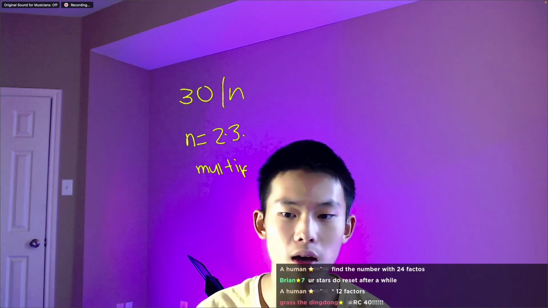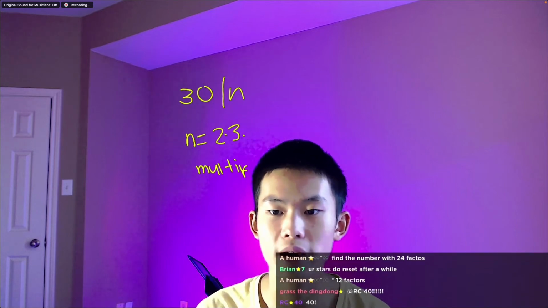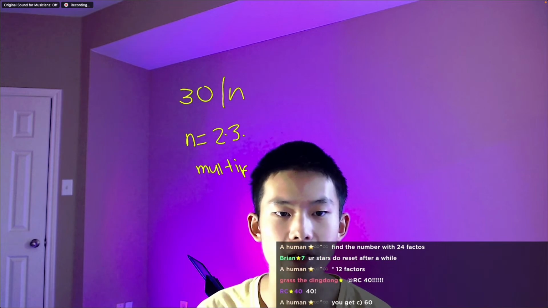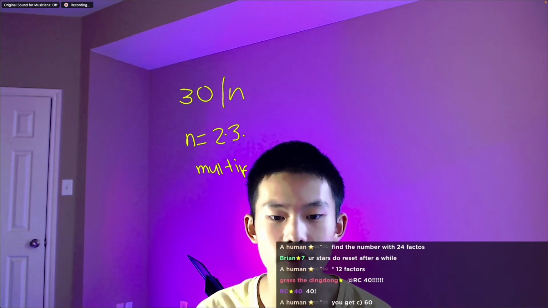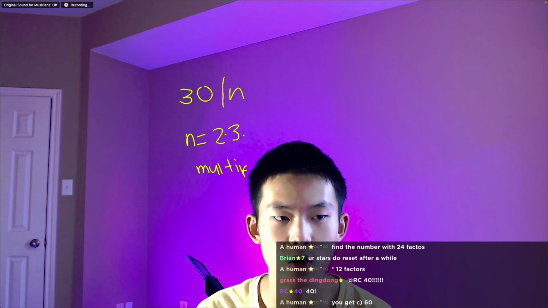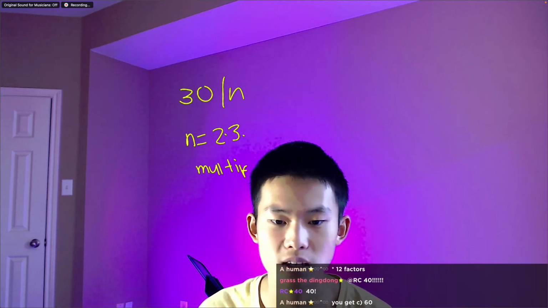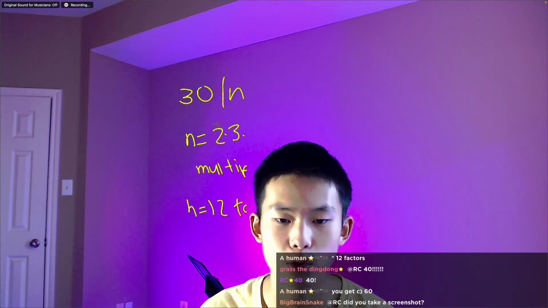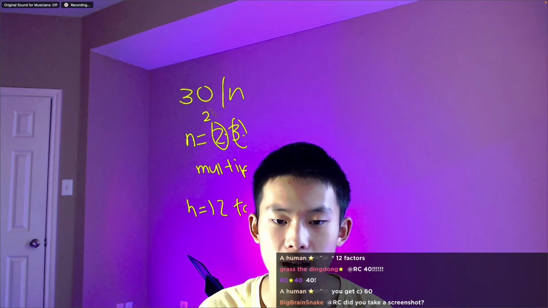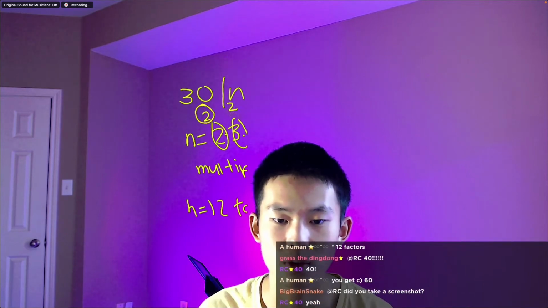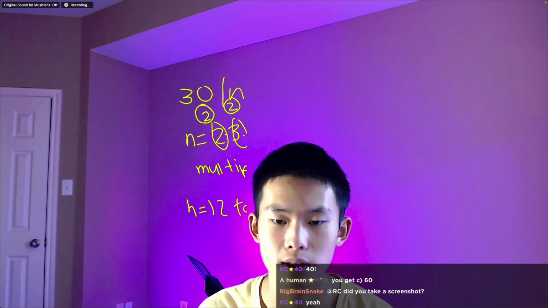But if we just have this, we're still not quite at 12 factors, right? Because we have 12 different days, we can have a different number of students per row. So what this tells us is that n has 12 factors. But right now, we only have 2 times 2 times 2, which is 8, because there are 2 ways to choose the exponent for the 2, 2 ways for the 3, and 2 ways for the 5.